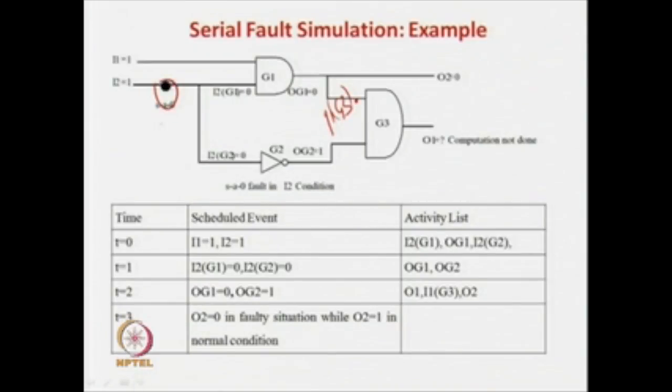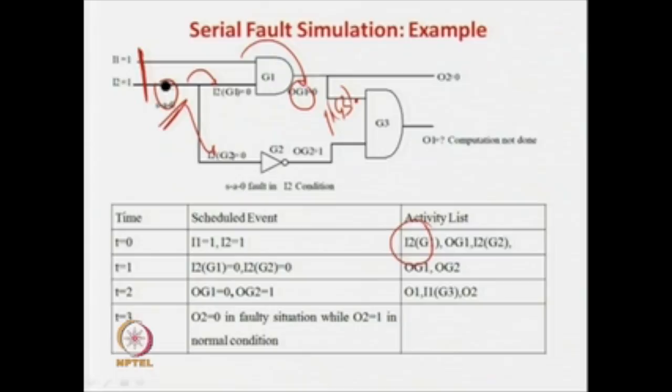Right. Now we are going to use the same random pattern and see whether this stuck fault is detectable or not. This is serial, so we take one fault at a time, with event driven simulation. As I already told you, only one level is allowed. So only two things will be in the activity list. What you have here is I1 equal to 1 and I2 equal to 1. This one will also be there, because it is also in the list.